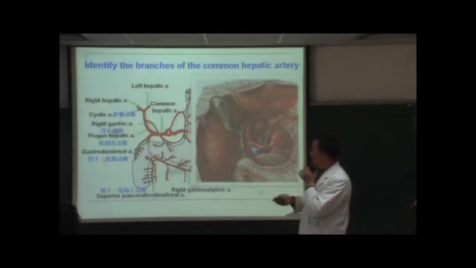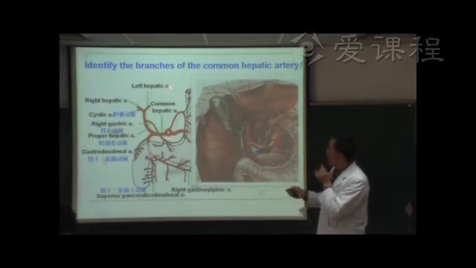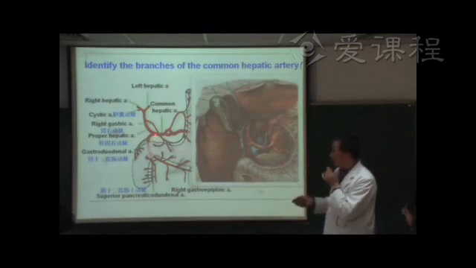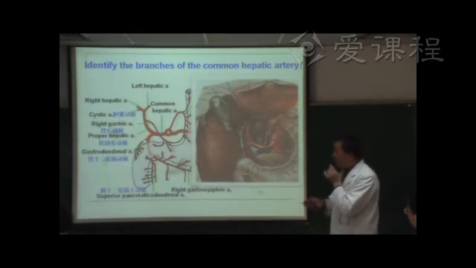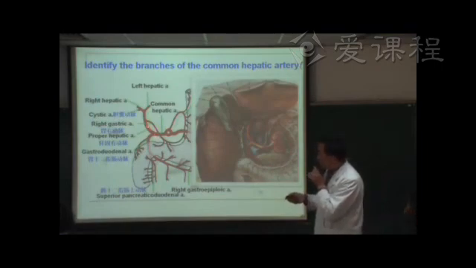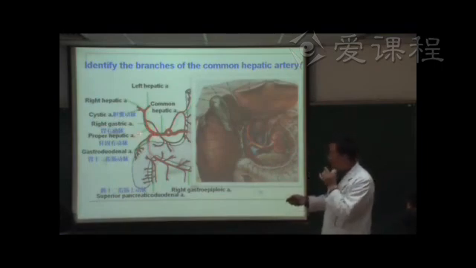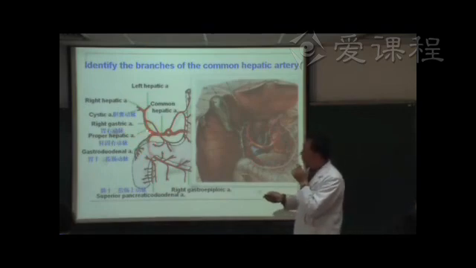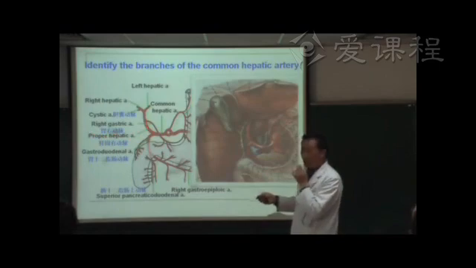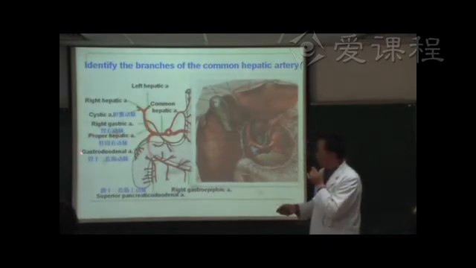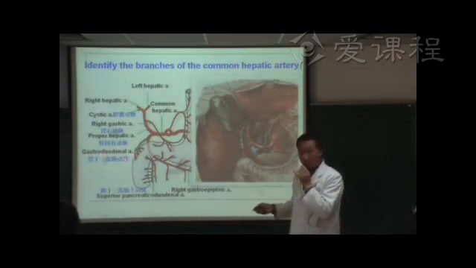And you now identify the common hepatic artery, this one. The common hepatic artery divides into two branches. The superior one, this one, is the proper hepatic artery, 肝固有动脉, and the inferior one is called the gastroduodenal artery.